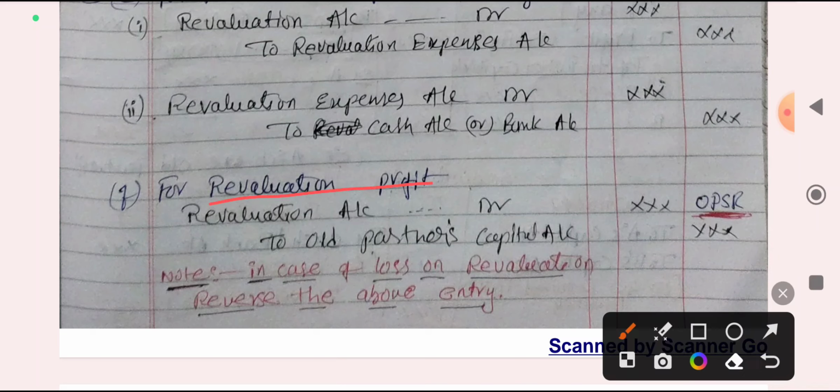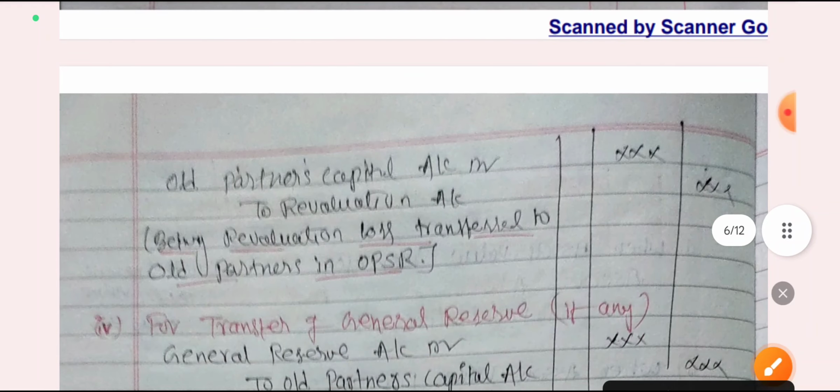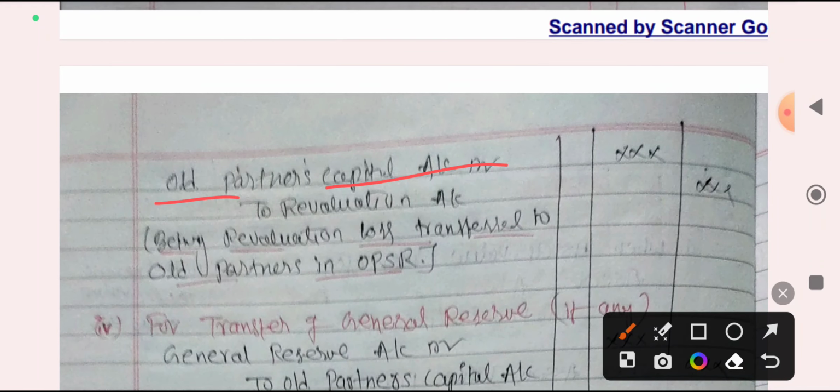For revaluation profit, revaluation account debit to all old partners' capital accounts in the old profit sharing ratio. In case of loss, the above entry will be reversed. So that will be like this: old partners' capital account debit to revaluation account, being revaluation loss transferred to partners in the old profit sharing ratio.